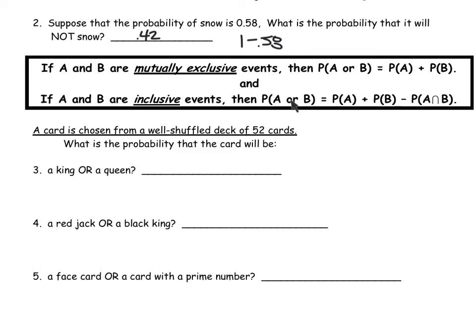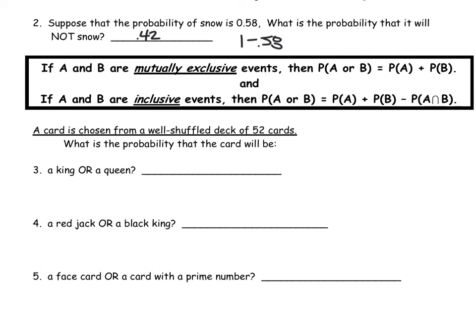These are two essentially disjoint events, except the problem here is that when we add these, there are some times where we can add these two probabilities and end up with more than one, which is not possible. The problem is that on inclusive events, when we add the probability of A plus the probability of B, there are things that we end up double counting.